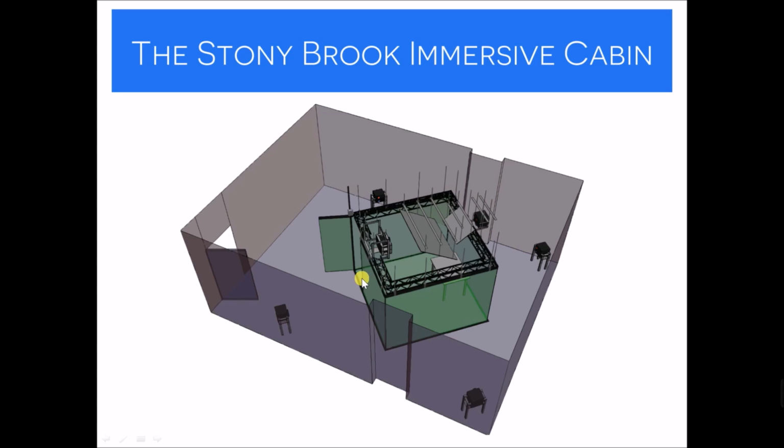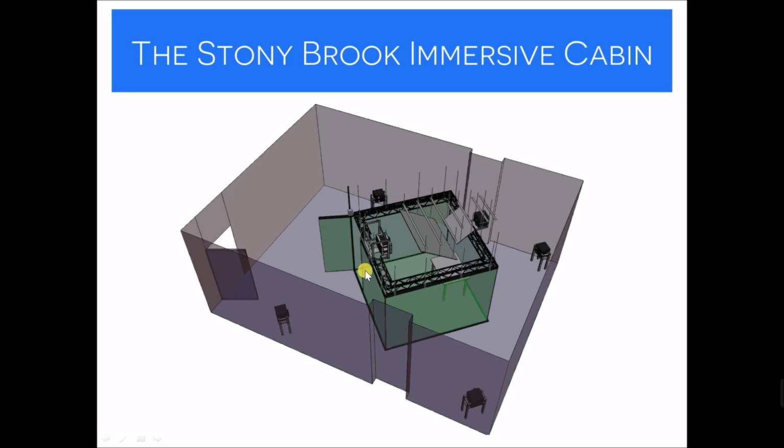We built one at Stony Brook about 10 years ago, and it's now at the CVIT, Center of Excellence in Wireless and Information Technology. We don't call it CAVE because CAVE is a patented name, so we call it immersive cabin. It's a similar concept. There are projectors on all four sides.